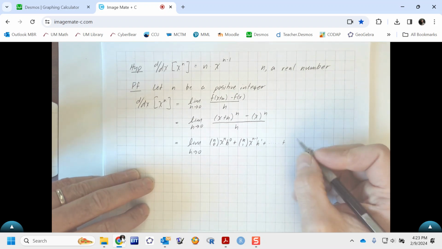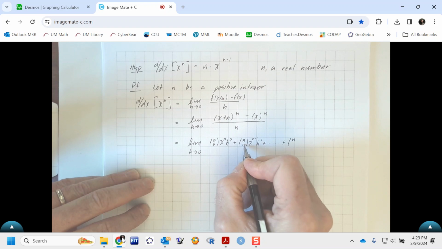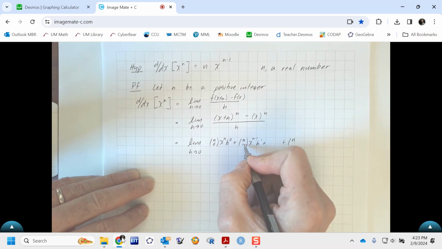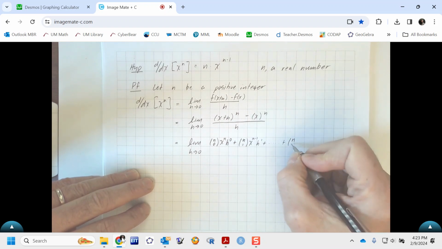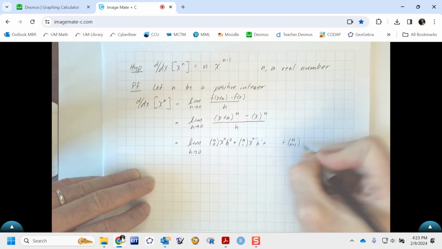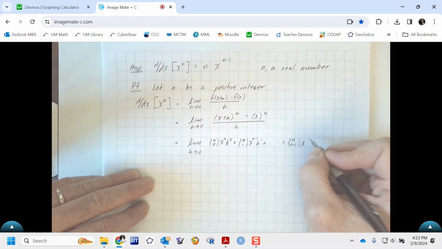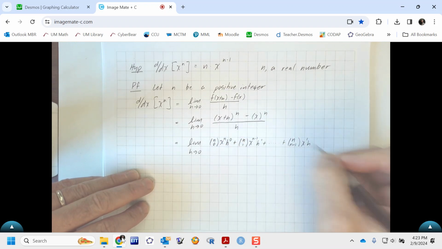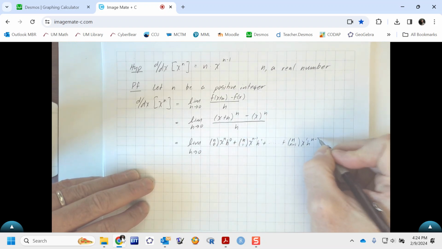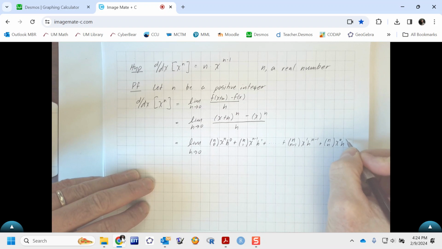These indices go up by 1 until we get to n choose n. So I'll do the last two terms: n choose n minus 1, x to the first, h to the n minus 1, and the last one will be n choose n, x to the 0, h to the n.